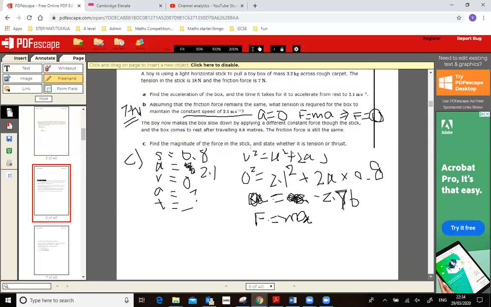Okay, so as we said, we have another force acting on it. Let's say it's T, which stands for either tension or thrust. What other forces are acting on it? Well, it has to be the frictional force, which we already know is 7 Newtons, and it has to be in the opposite direction to motion, so it's always negative.